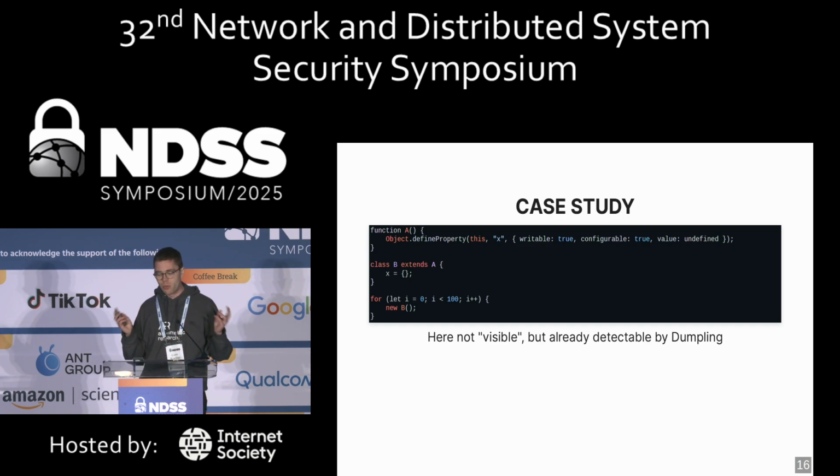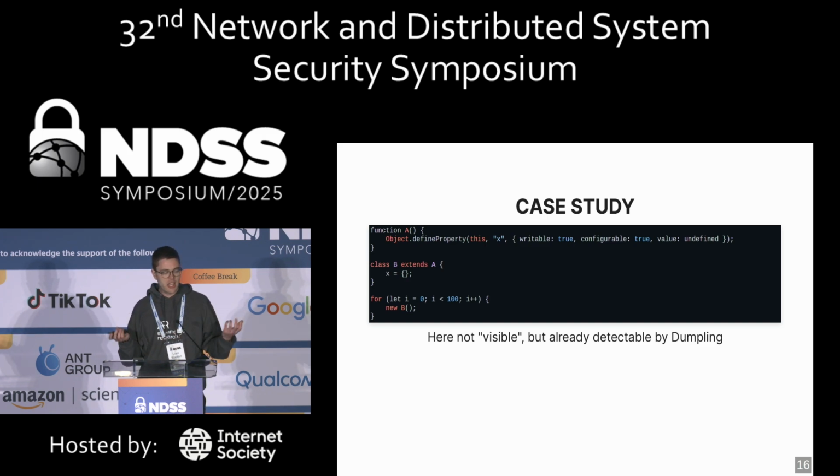I want to show you one of the bugs we found. This is basically what the fuzzer generated. The details of this bug don't matter too much, but with this sample, Dumpling is already able to catch the bug that the engine does some wrong optimization, or the interpreter is wrong, which actually in this case was.